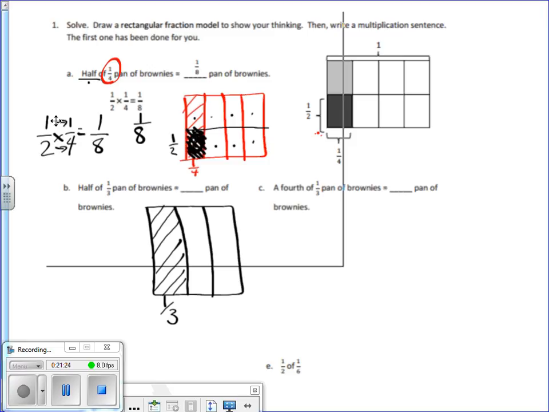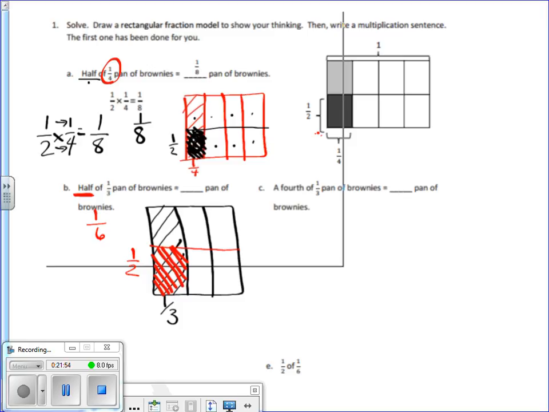And then I need to split it up again. How many? 1. Half. Go across and label that 1/2, and I'm going to go this way. So my denominator is 6. How many pieces are colored in? 1.